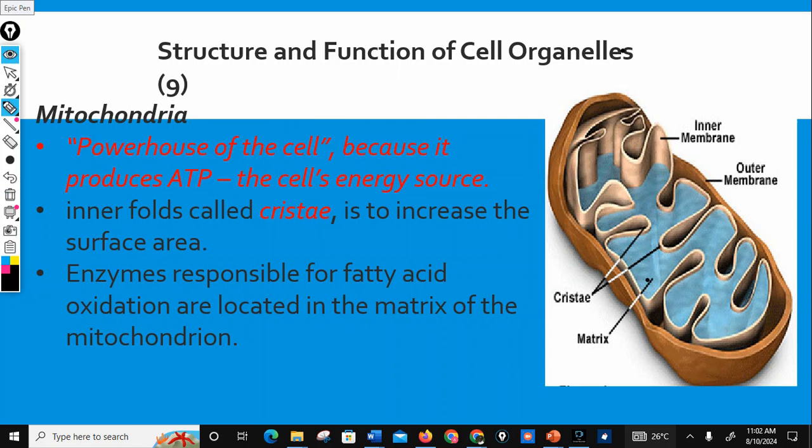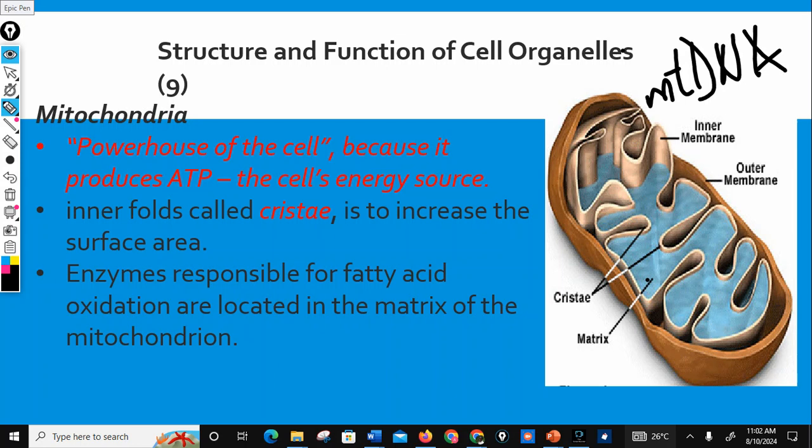In fact, it has its own DNA, called the mitochondrial DNA. And the inner foldings called cristae increase the surface area of the inner portion for more ATP synthesis.